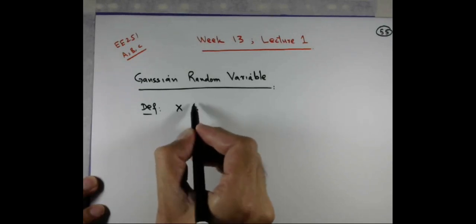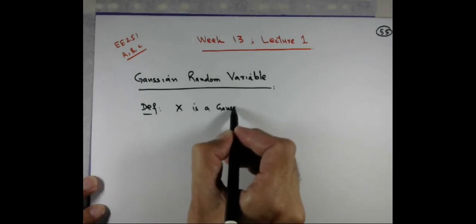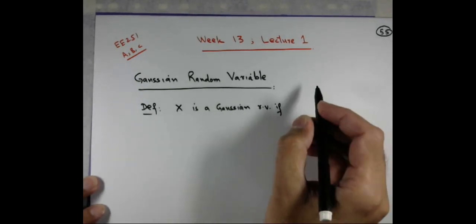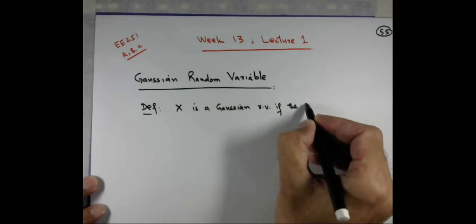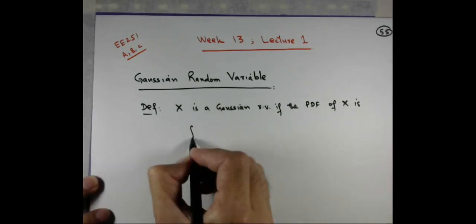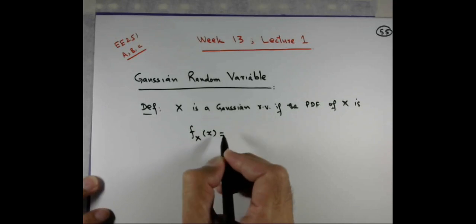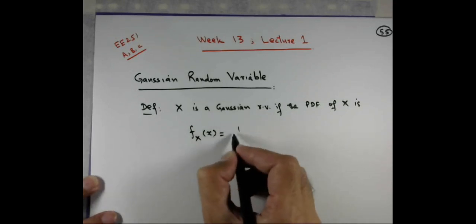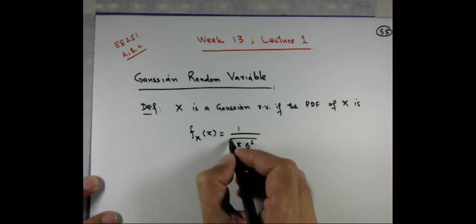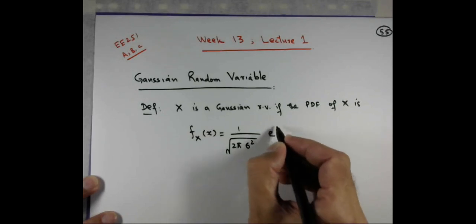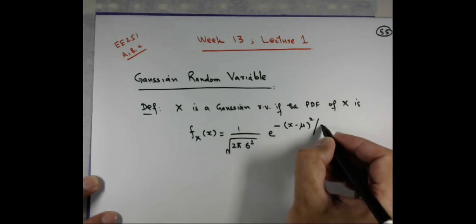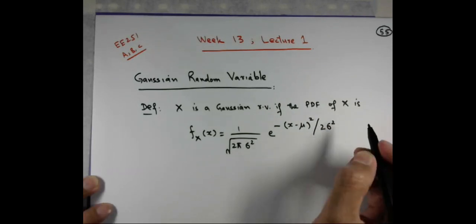We say x is a Gaussian random variable if the PDF of x is f sub x of x, and that is equal to 1 over the square root of 2 pi sigma square, e raised to power minus (x minus mu) whole square over 2 sigma square.